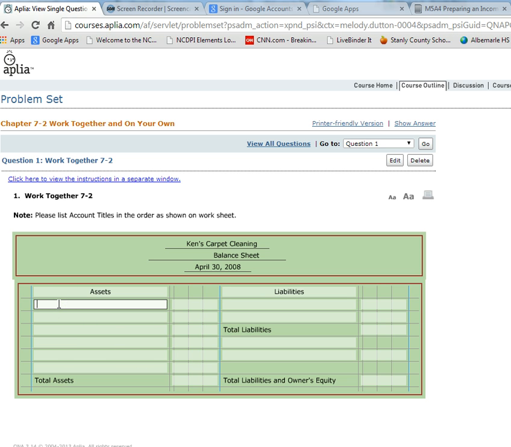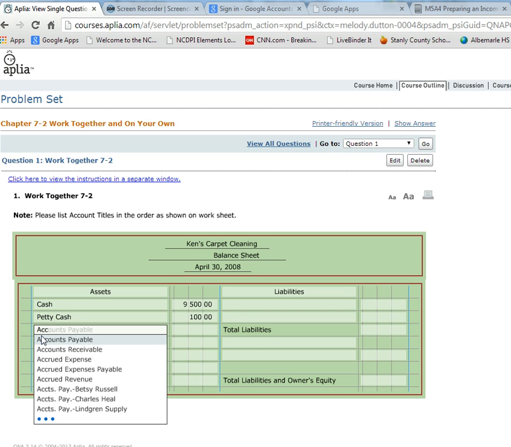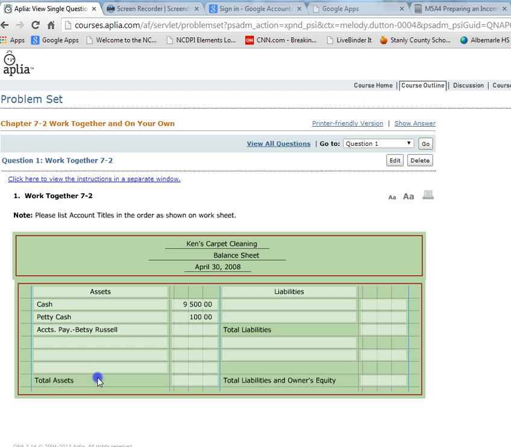Right here you have cash, and our cash account has $9,500. We have petty cash, which has $100. Accounts receivable, Betsy Russell, $1,650.